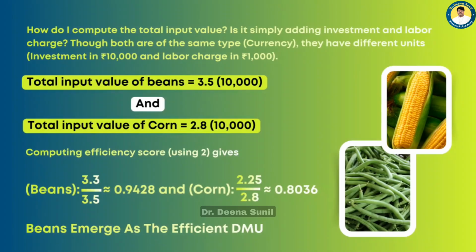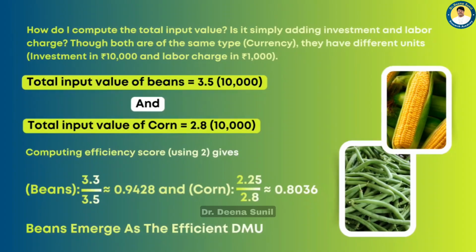It is simply adding investment and labor charge. Though both are of the same type, currency, they have different units, no problem. If they are in different units, then we can convert them using mathematical equations into the same unit.